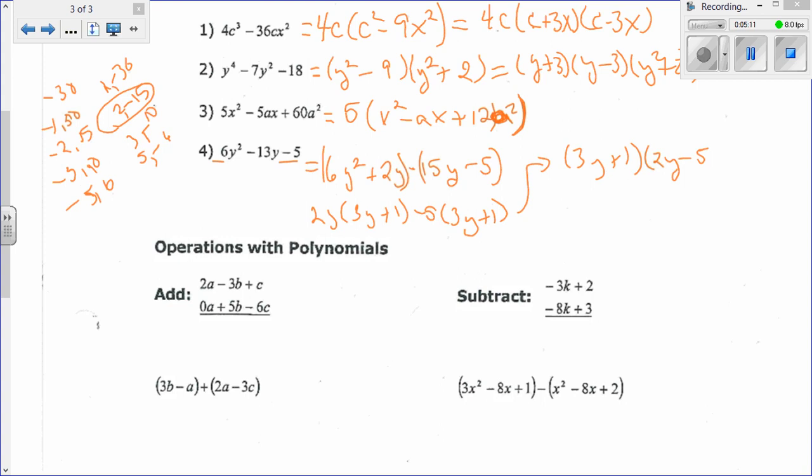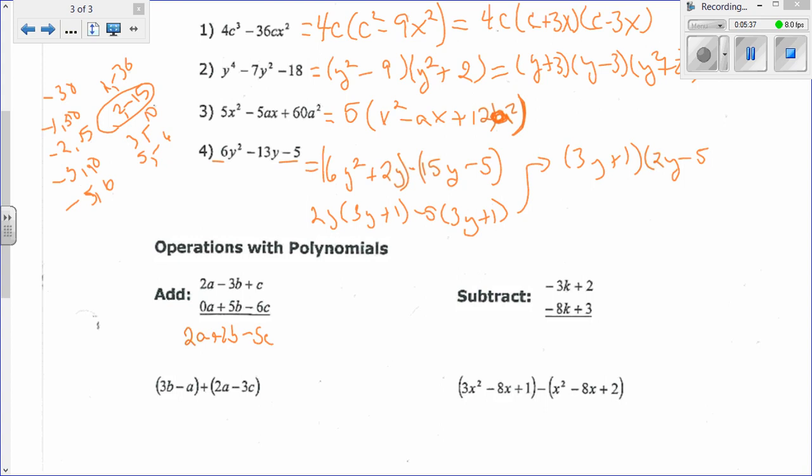But anyway, when we combine like terms, just add the columns. So positive 1 and a negative 6 is negative 5c. A negative 3b and a positive 5b is a plus 2b. And 2a plus 0a is still 2a. And that's all you do with that one.